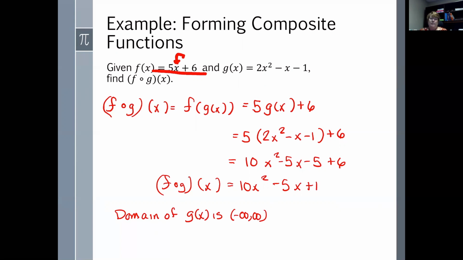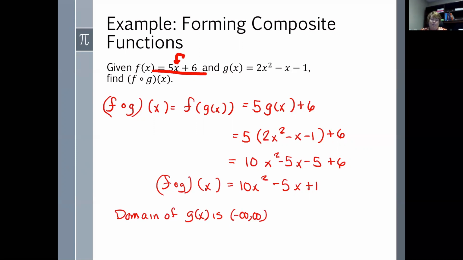Okay, now let's look at g of x outputs. So g of x is only going to output real numbers. It's not going to output imaginary numbers or anything like that. So its output must be able to be put into f of x.